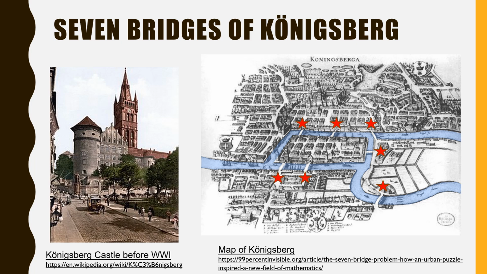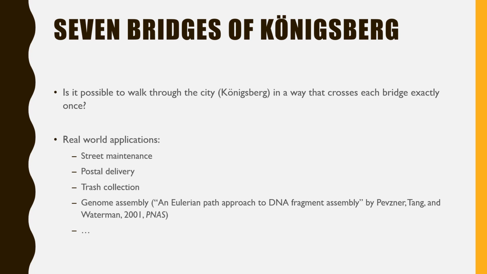This intriguing question gave rise to what is now famously known as the 7 bridges of Königsberg problem, a cornerstone in the history of graph theory. The problem has many real-world applications.